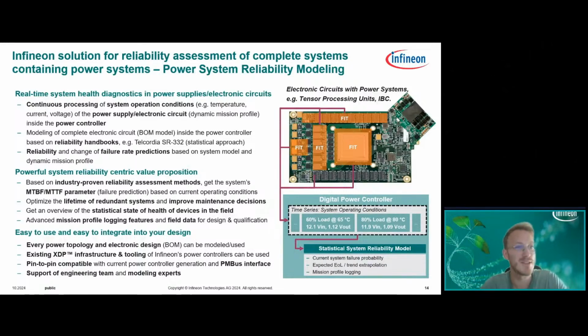If you trust those standards, you can also trust the results of our algorithm. And by combining those 2 points in real time, you can calculate the failure rate of your system live in the field. This gives you an industry-proven reliability assessment by providing the MTBF or the failure rate parameter, whichever you prefer.